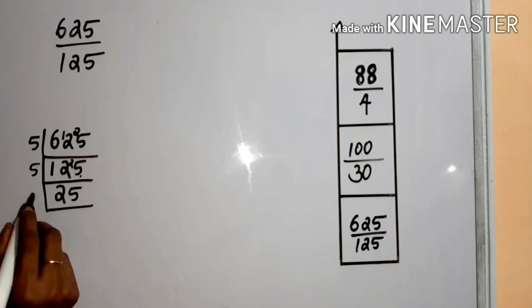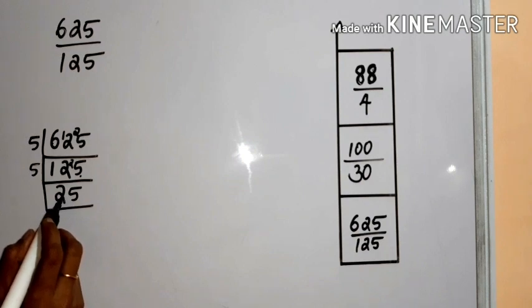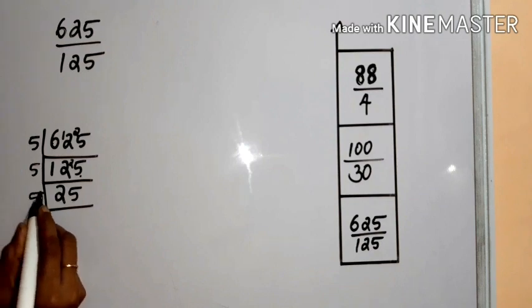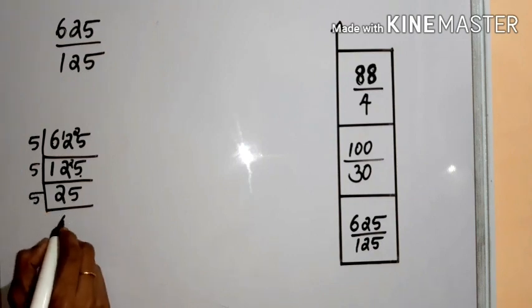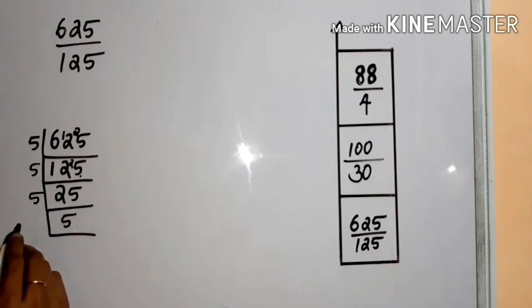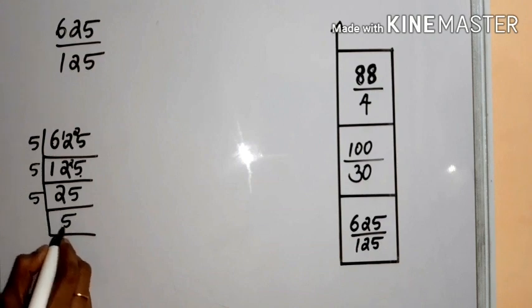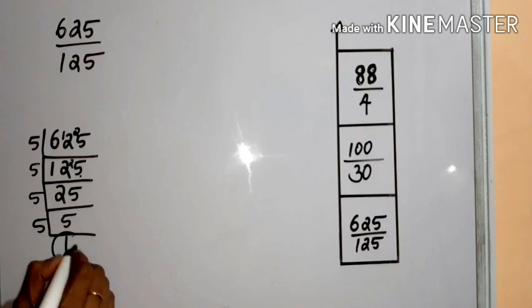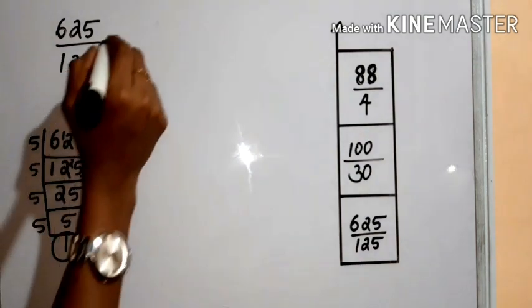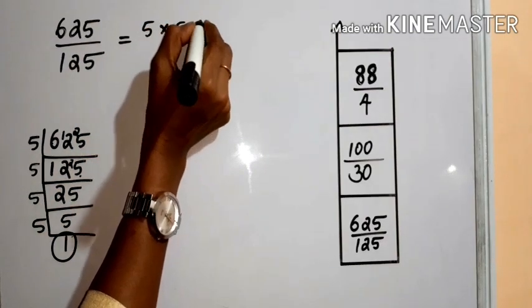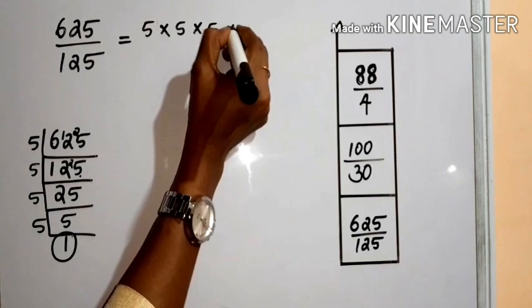So 2 is impossible here. Then 3. 2 plus 5, 7. Not a multiple of 3. So we cannot have here 3. Next we have prime number 5. 25 by 5 is 5. It is a prime number. Then we have to take it outside. 5 by 5, 1. So prime factorization is over. This is equal to 5 into 5 into 5 into 5.